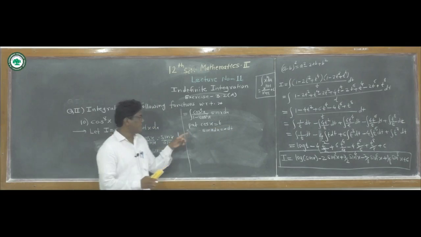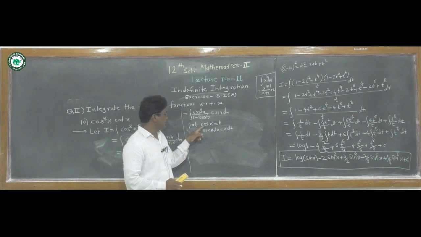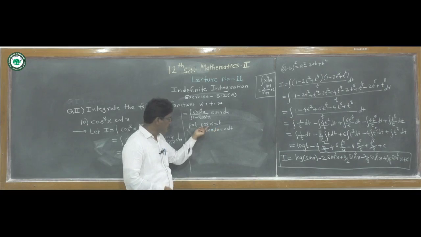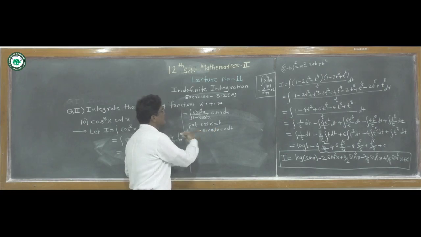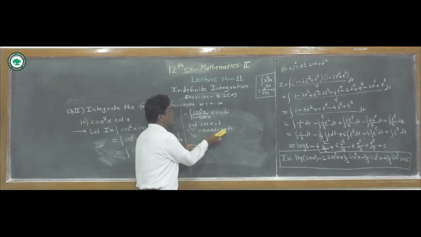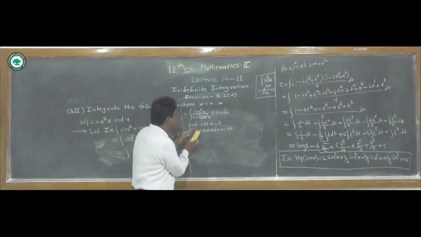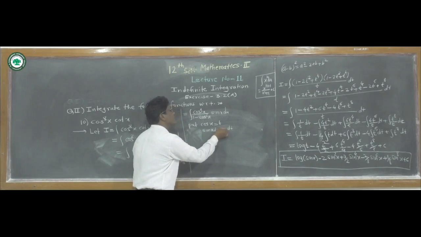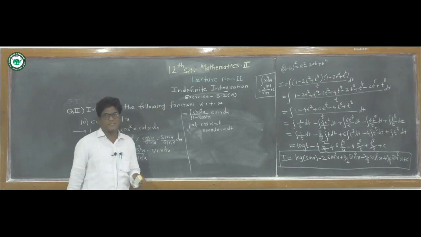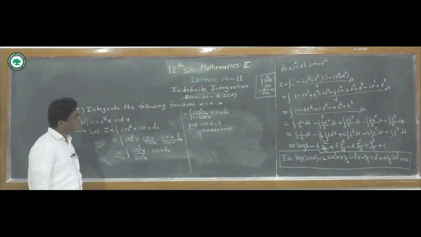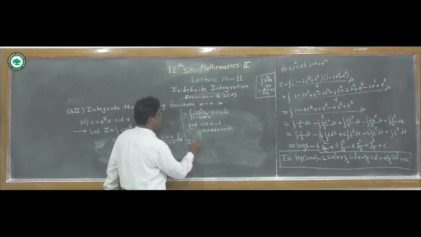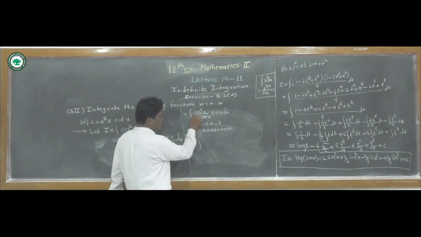So here we substitute cos x is equal to t, and we take the derivative with respect to x. Derivative of cos x is minus sin x dx is equal to dt. Then carry this minus sign to the right hand side, and therefore we get sin x dx is equal to minus dt.